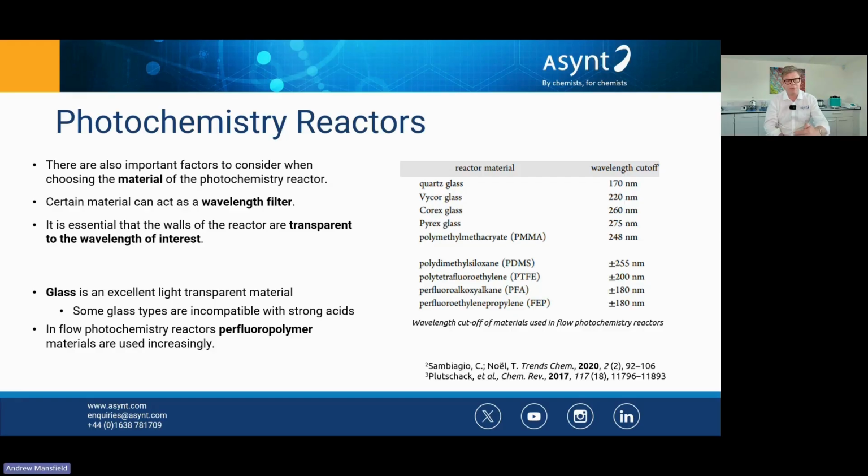If we use photochemical reactors, we can then start to look at perfluoropolymers, and some of these are incredibly transparent to even UV wavelengths. Things like FEP tubing, you can see it has a cutoff at about 180 nanometers in wavelength. So we can mix and match. We can use both glass and perfluoropolymers to design reactors that allow very good light transmission into our reaction.